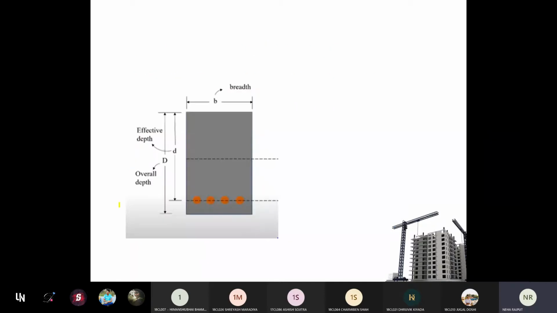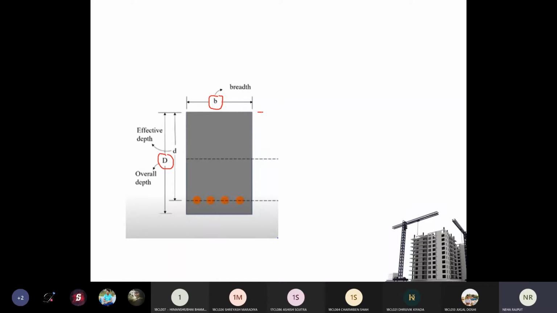So starting with the first part, that is the beam. As this is your beam, the cross section of the beam, and for this cross section, as I discussed earlier also, this is called the width of the beam. This is called the overall depth of the beam.